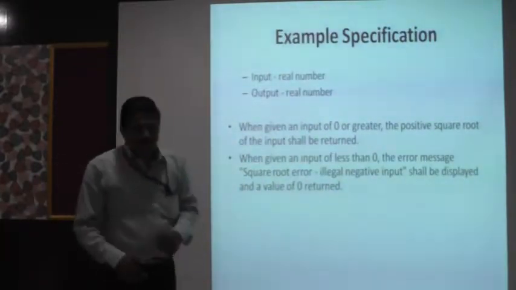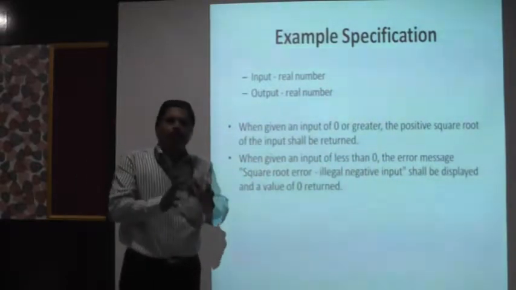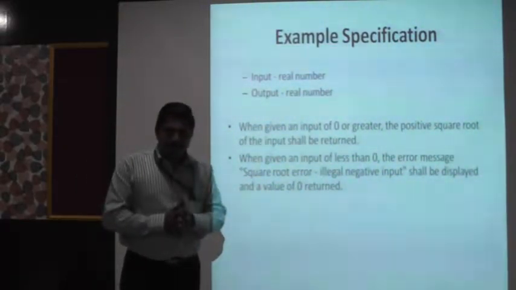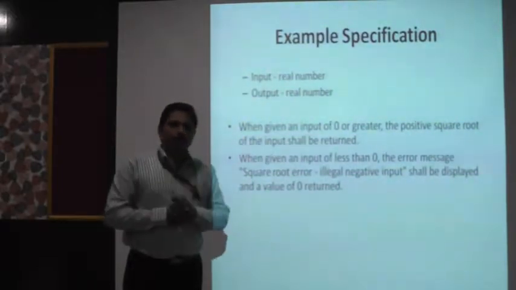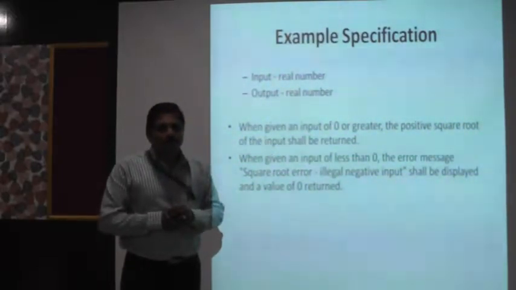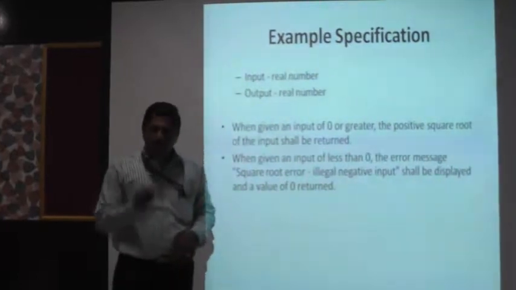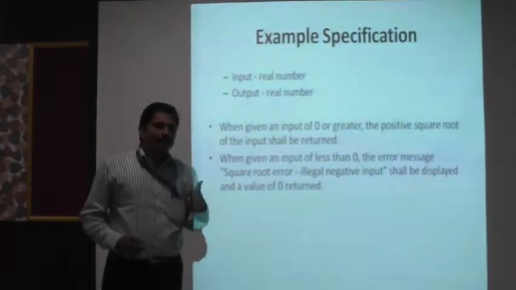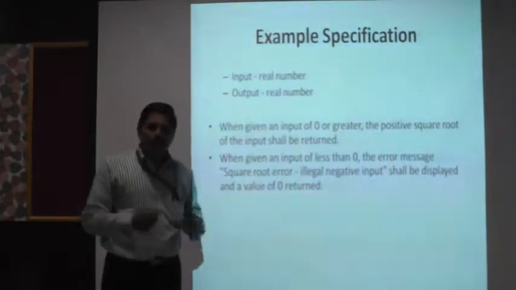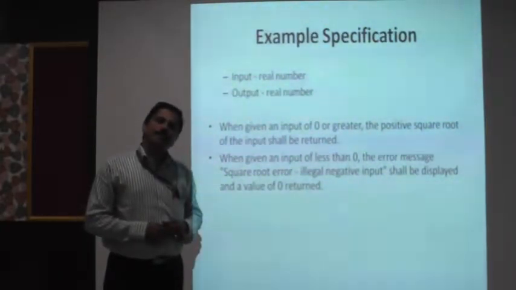Consider this example. If I want to find the square root of a particular number, say I give the input as 4, what is the square root of 4? Correct. The square root of 4 is 2. Now, if I give the input as -4, what is the square root of -4?